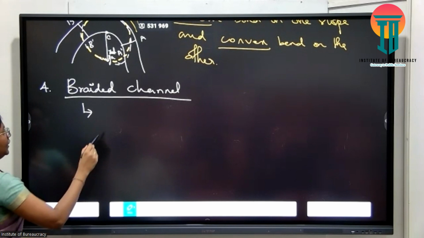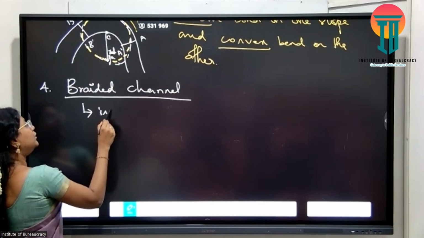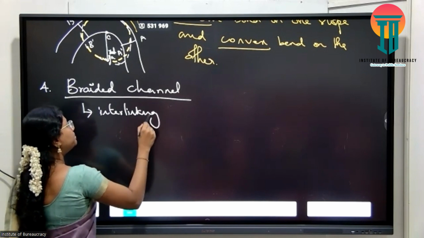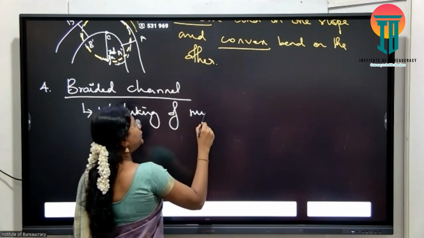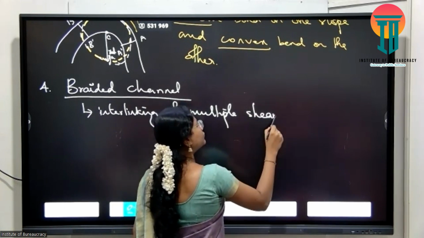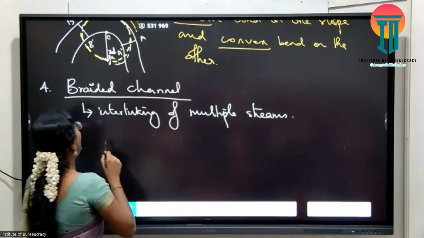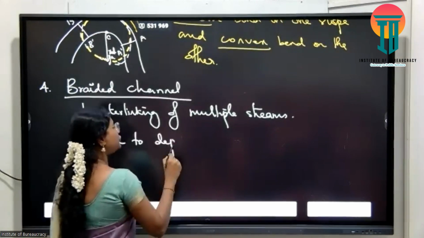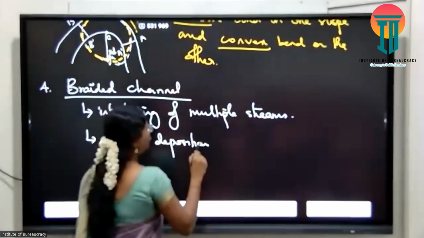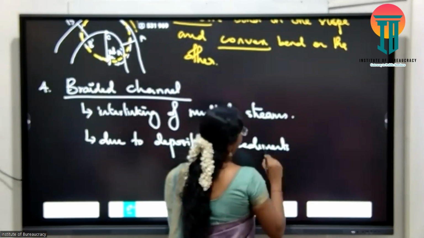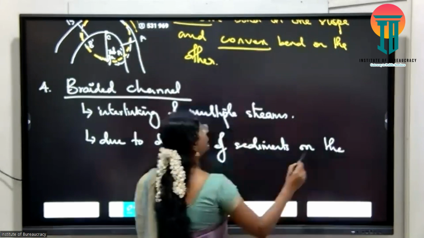Braided channel is where there is an intermingling or interlinking of multiple streams. This is due to deposition of sediments on the course of the river.